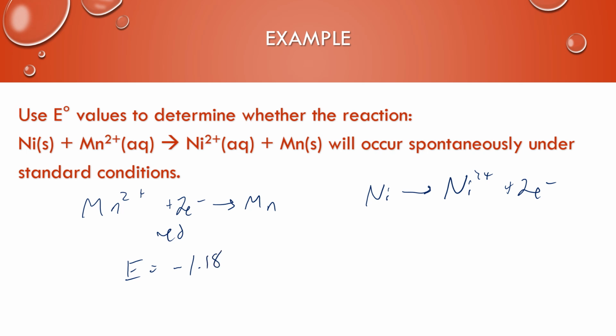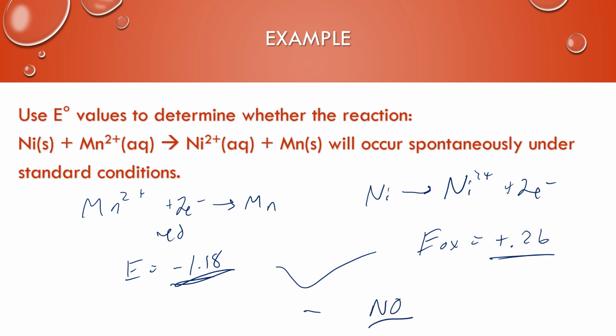And for nickel, the reverse reaction is negative 0.26. So my oxidation potential is positive 0.26. And so when you add those together, you will get a negative value. You don't even need to find the exact value here. I know that this negative value is larger than the positive value. So when you add them together, you get a negative value overall. So it will not be spontaneous under standard conditions.